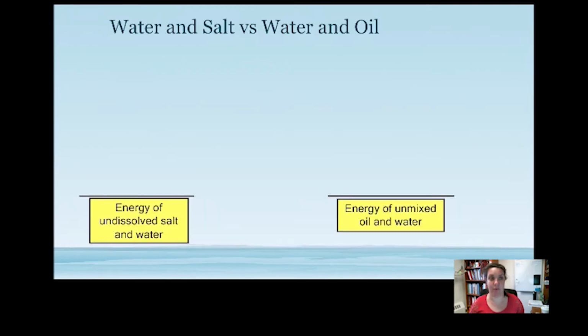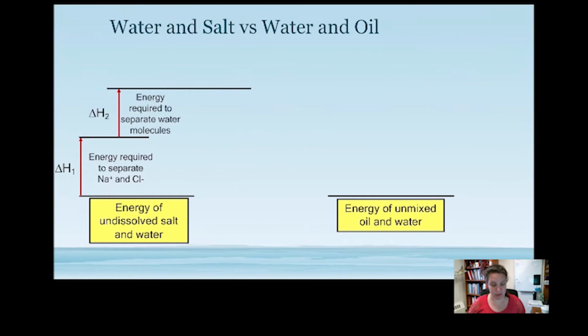So let's look at water dissolving salt and water and oil and see how these differ energetically. First, we need to separate out our sodium and chloride ions, and we need to separate out our water molecules. When we separate sodium chloride, we're breaking intramolecular forces, so we're breaking ionic bonds. When we're breaking up our water, we are separating water molecules, or breaking hydrogen bonds.